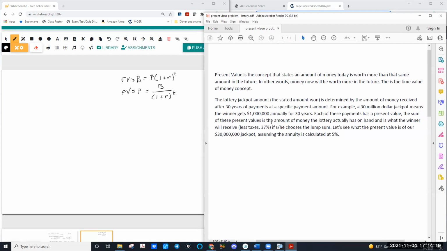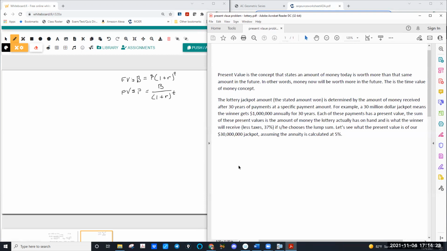So let's talk through this example and then we'll see how a geometric series applies. To make the numbers kind of easy, let's say somebody wins a $30 million jackpot, right? There are different ways that lottos pay out, but we're going to assume that this lotto pays $1 million annually for 30 years, hence the $30 million jackpot.